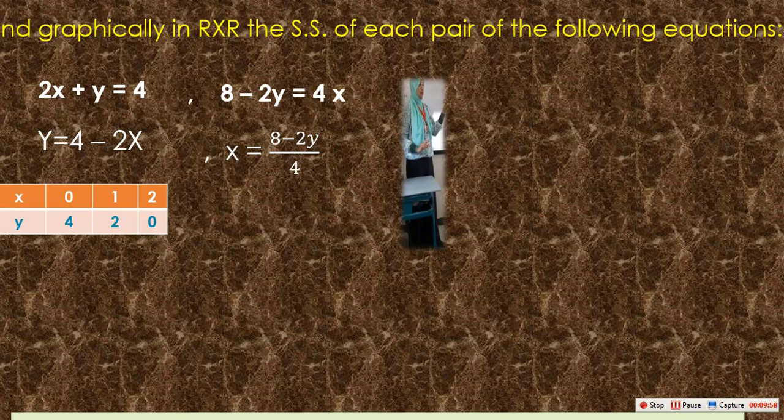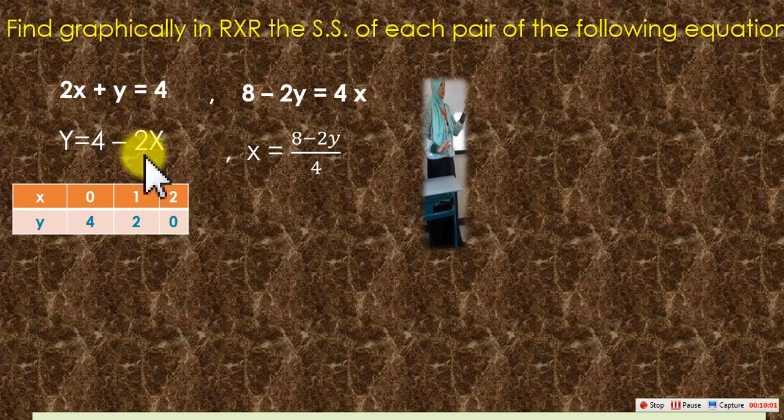As x equals 0 in the first equation, y equals 4. As x equals 1, y equals 4 minus 2 times 1 equals 2. As x equals 2, 2 times 2 is 4, y equals 4 minus 4 equals 0.